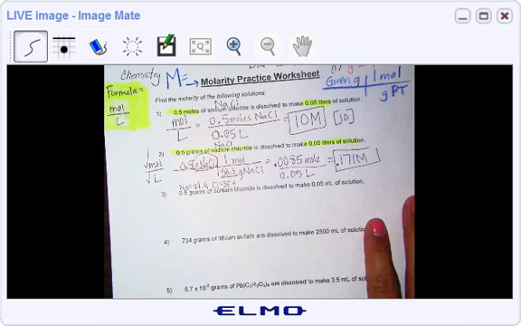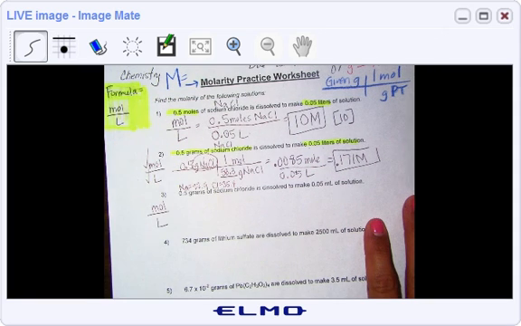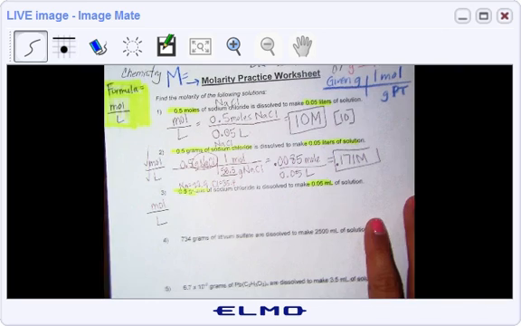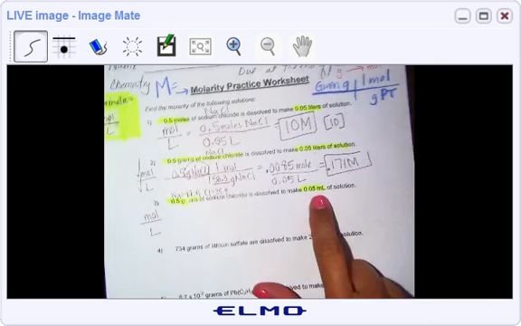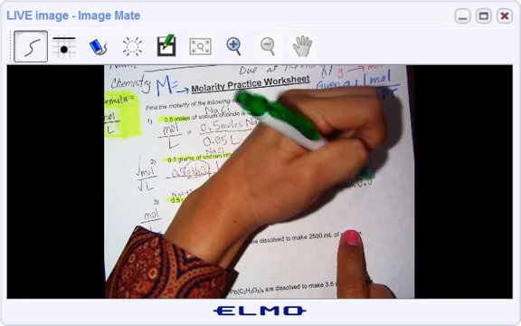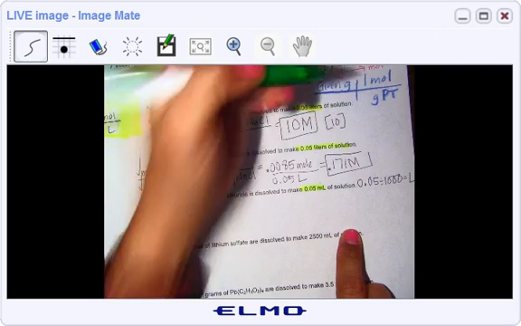Again, we're looking for moles and liters. Again, it gave us grams, and this time it gave us milliliters. The easiest thing to knock out first is the milliliters, because in order to get milliliters into liters, you divide by 1,000. So 0.05 divided by 1,000 will give me liters.